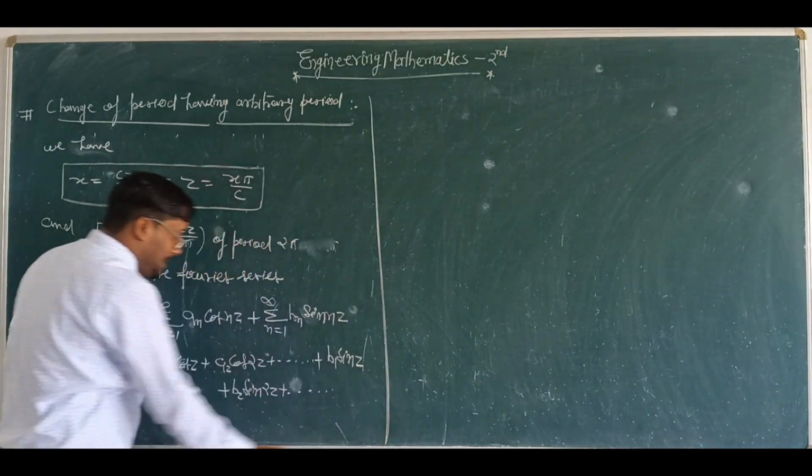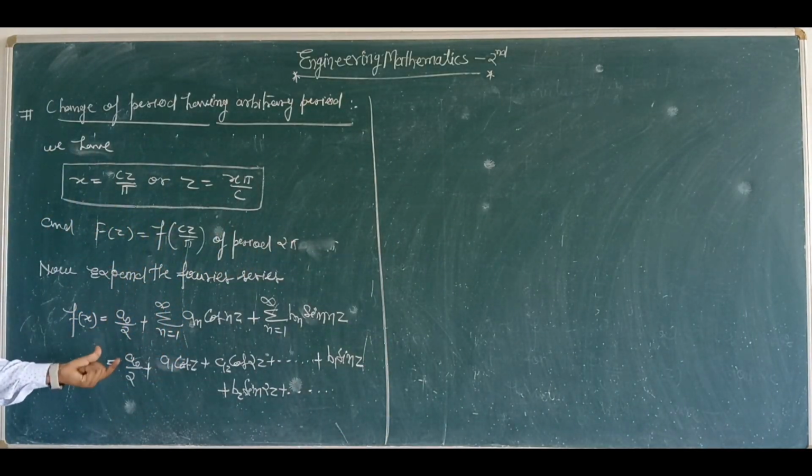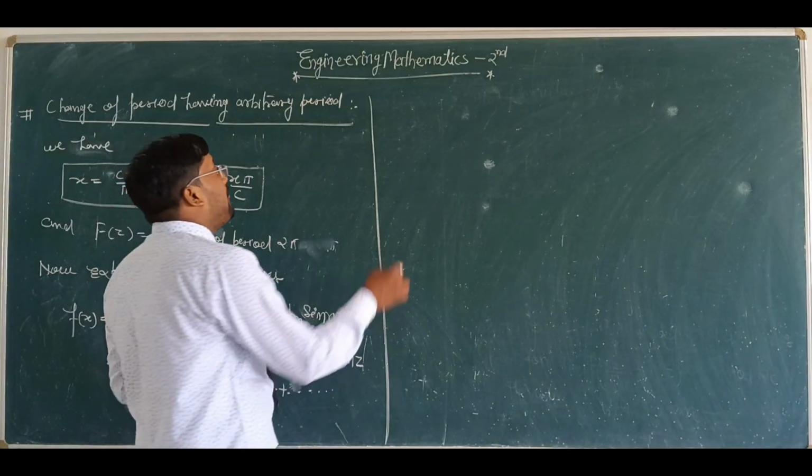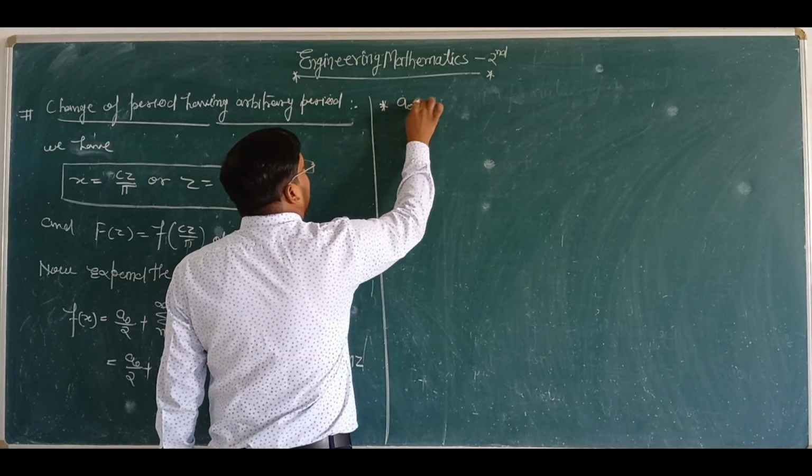Now find the values of a1, a2, a0 and b1, b2, b3. First of all find the value of a0.